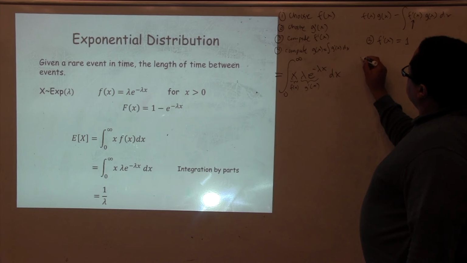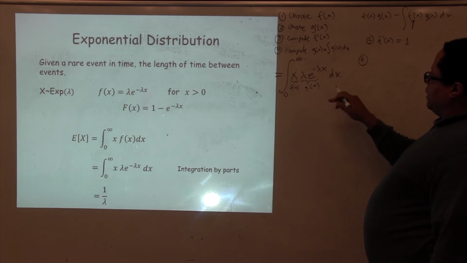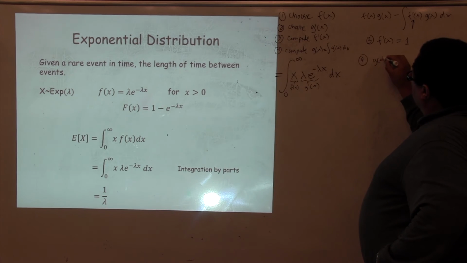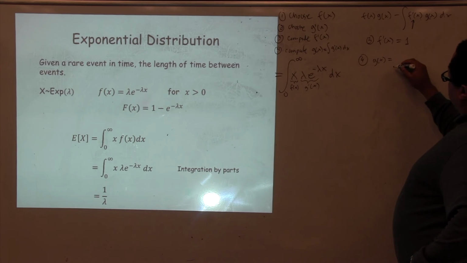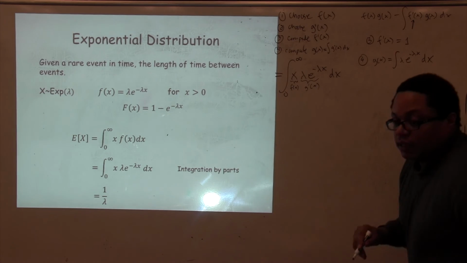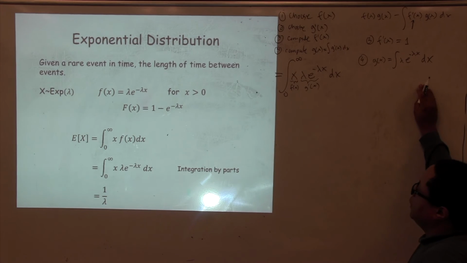Now, step 4: I have my g prime of x equal to lambda e to the minus lambda x. So that means g of x is equal to the integral of g prime of x, the integral of lambda e to the minus lambda x dx.